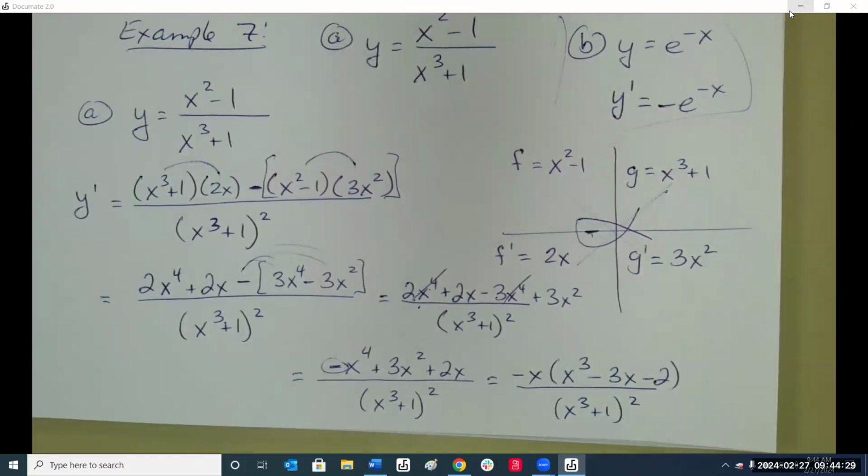Can we go any further? Nothing can cancel. We can't factor this one out because it's a cubic function. There's our answer.